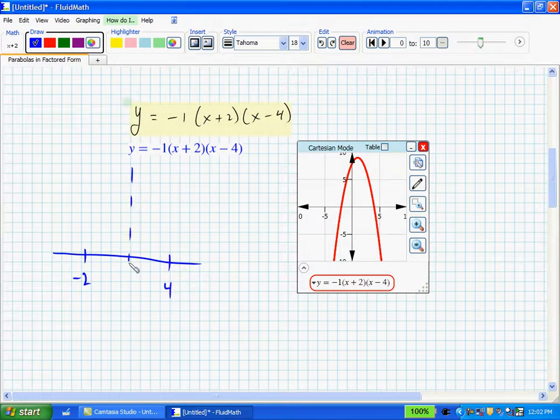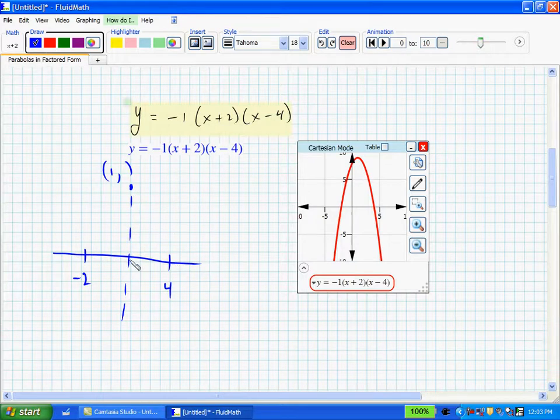Halfway between negative 2 and 4, add them up, you get 2, and divide by 2, you get 1. So this is the point 1, something. Now, it opens down and has a shape of negative x squared. If you go over 1, you'd go down 1.